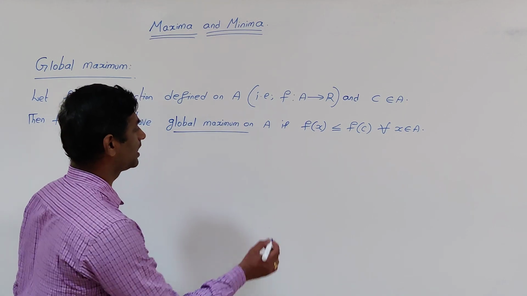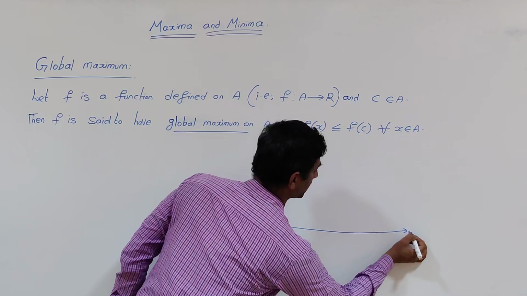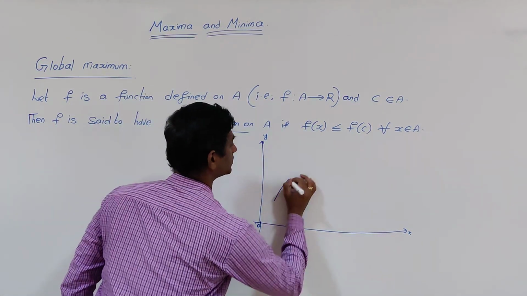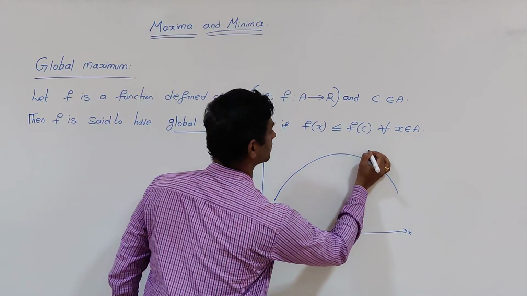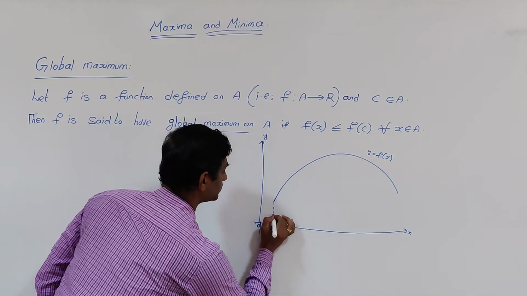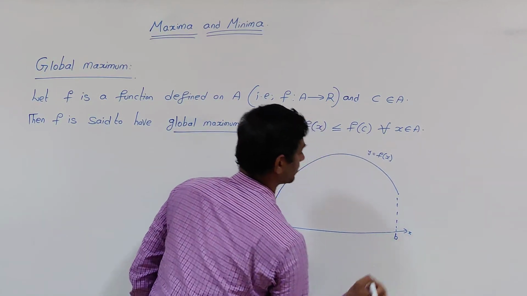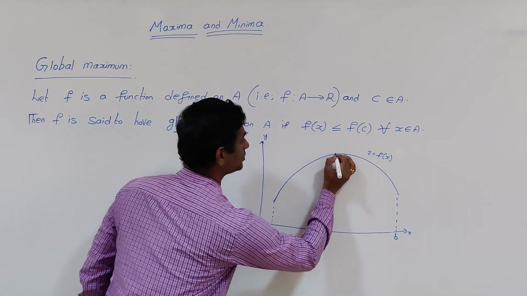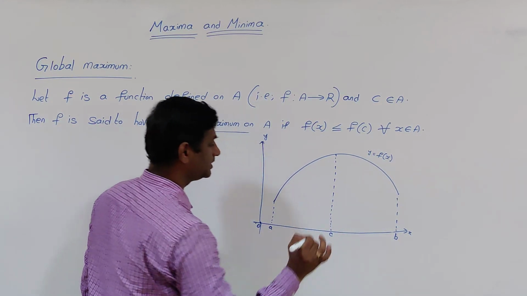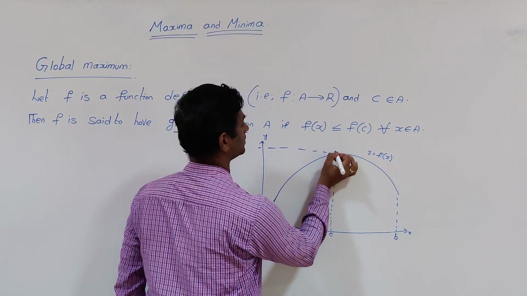So we'll have a picture. Suppose you consider the x-axis and y-axis. Assume that this is a function y equals f of x defined on A, where this is a and this is b. If c belongs to A, and c is a point, then the maximum value is f of c.